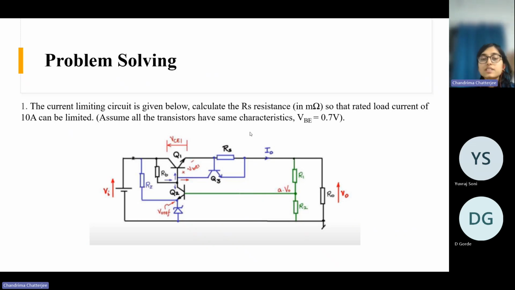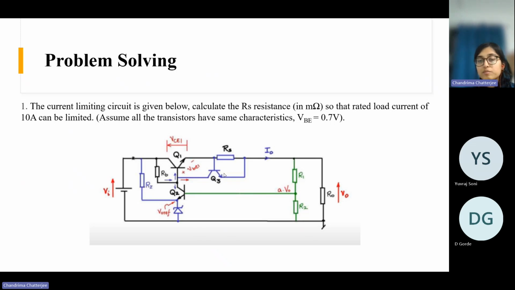So this is the first current limiting circuit that we saw, right? We saw two types of current limiting circuit. The first one, constant current limiting circuit, then the fold back current limiting circuit. So here I already told that you need to design this RS value in a way so that at rated condition, when the rated output current is flowing, the drop across this RS resistance, I naught RS, is equal to 0.7 volt.